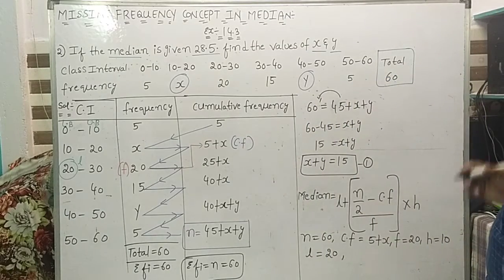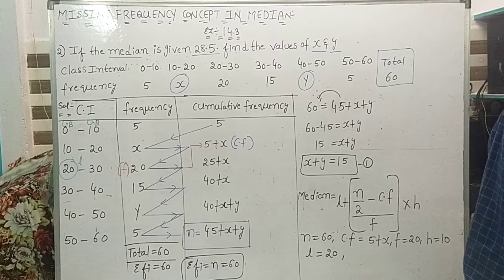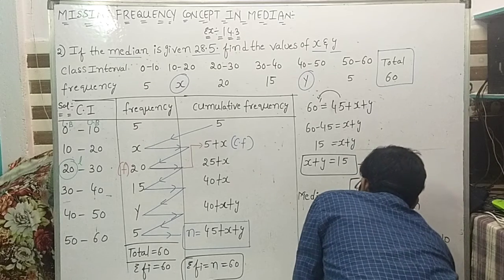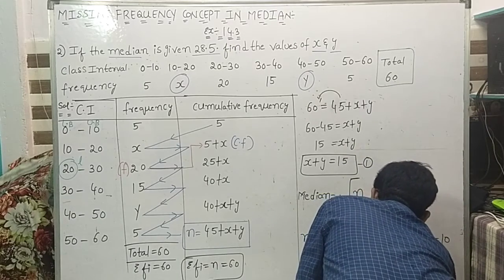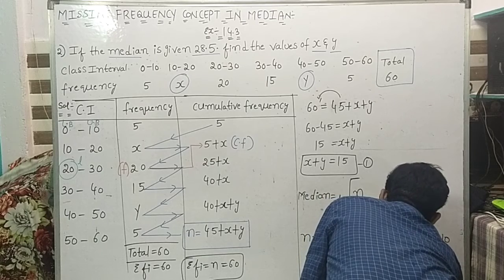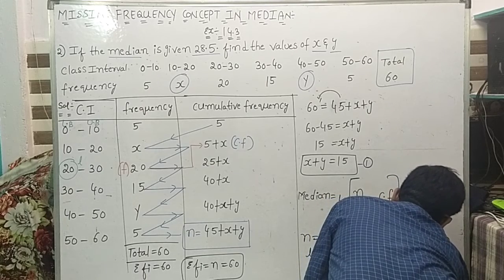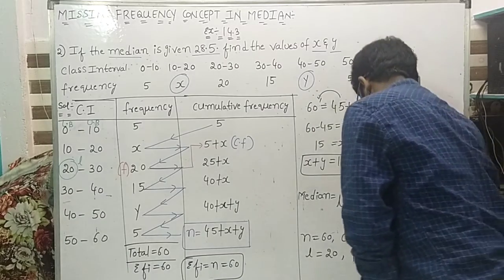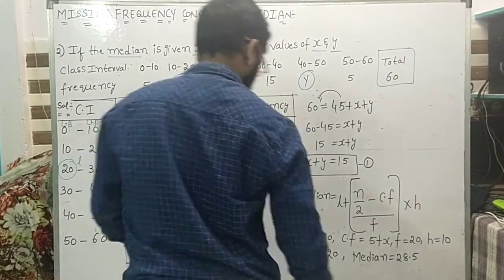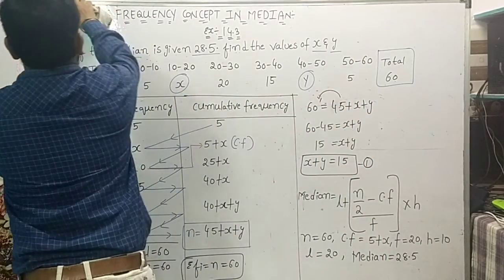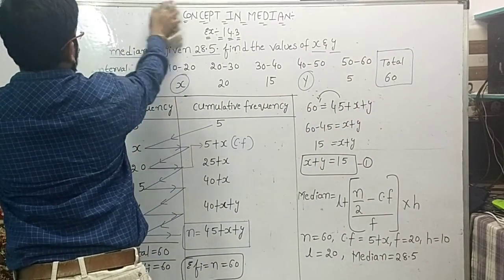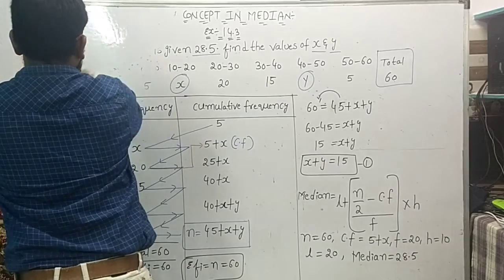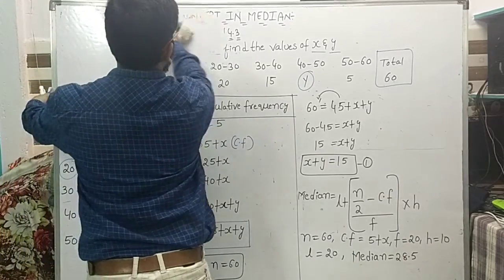Now F. The median is also given. What is the median? The median is given as 28.5. I hope you are perfect with this topic till now.